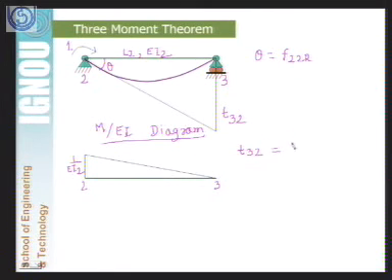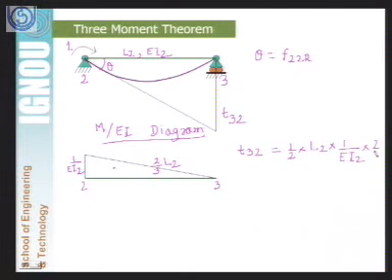Let us calculate the area of this diagram first. Half multiplied by L2, the length of the base, and multiplied by the perpendicular ordinate, that is 1 by EI2, multiplied by the distance of the CG of this diagram from node 3, and that will be equal to 2 by 3 L2.